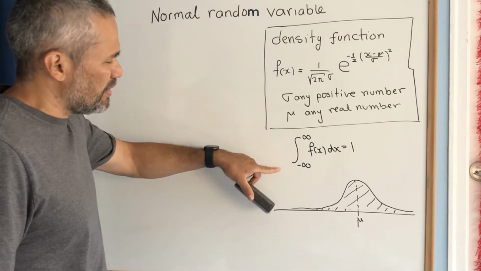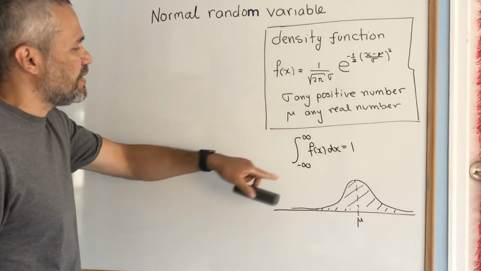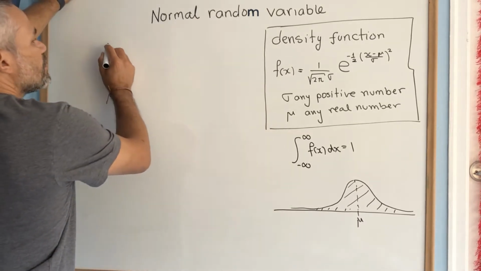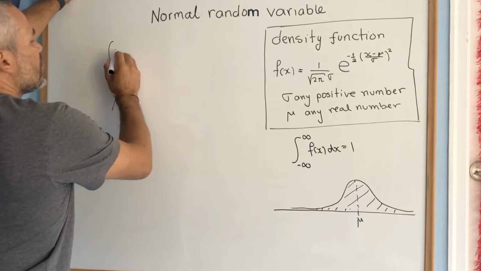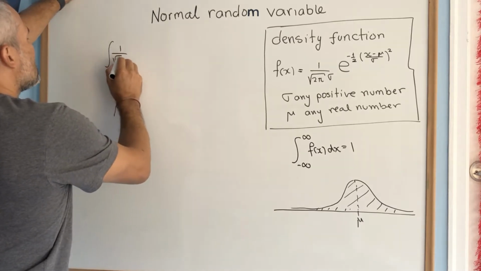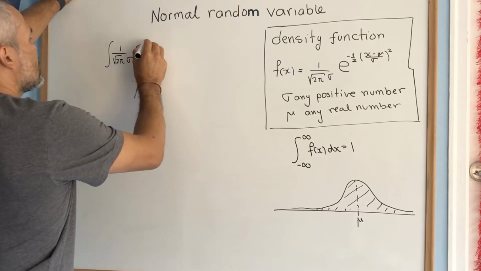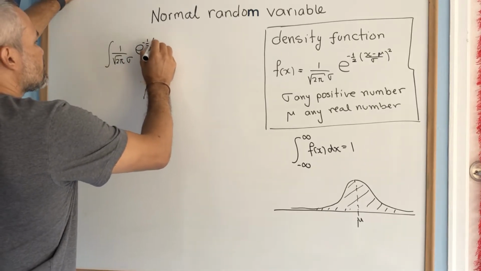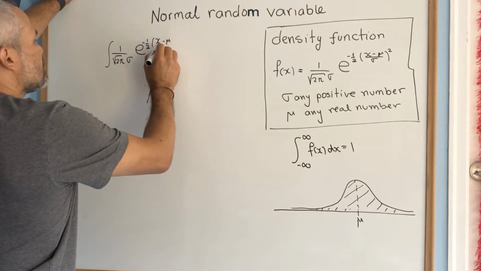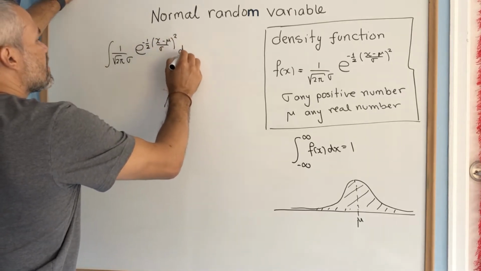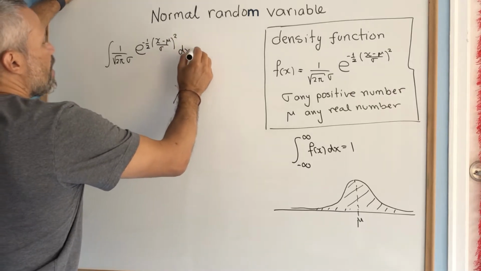Using Calc 3, we can prove this. Let's see, we want to show that the integral of 1 over the square root of 2 pi sigma times e to the negative 1/2 times x minus mu over sigma squared dx is equal to 1.